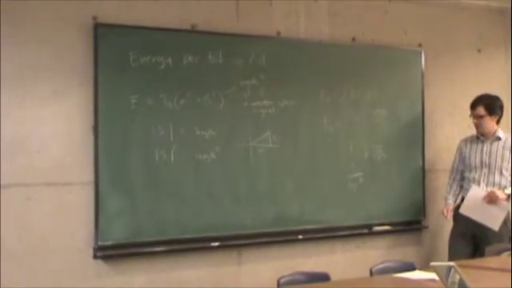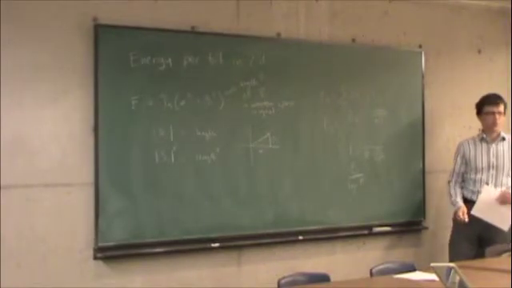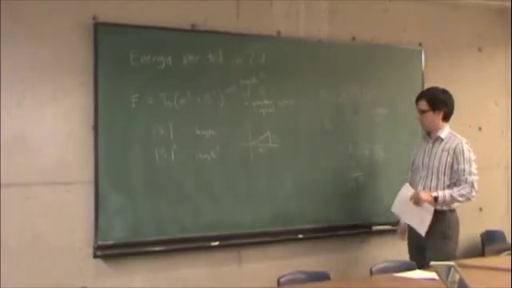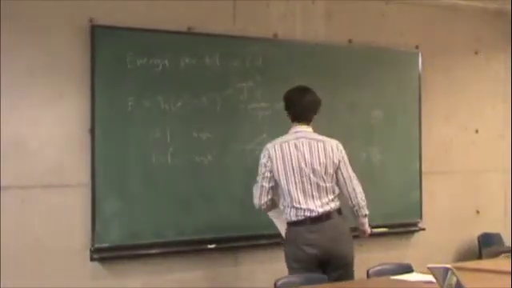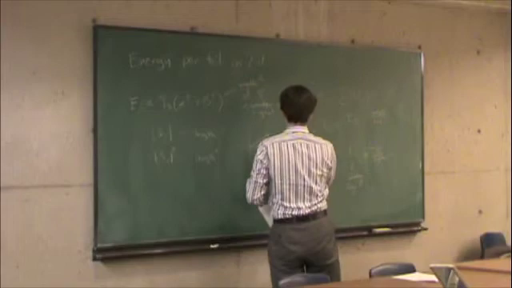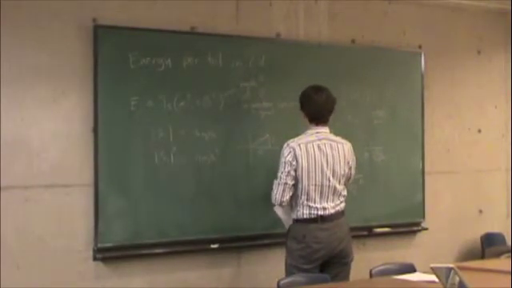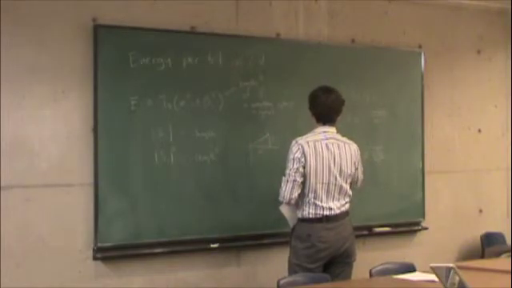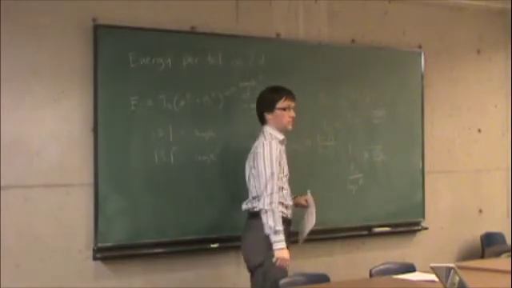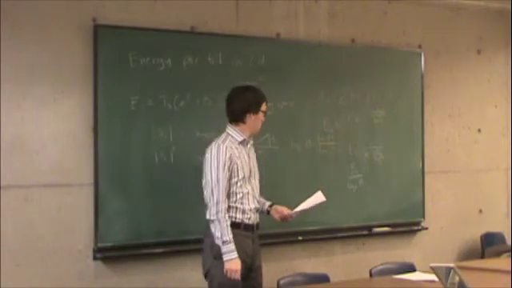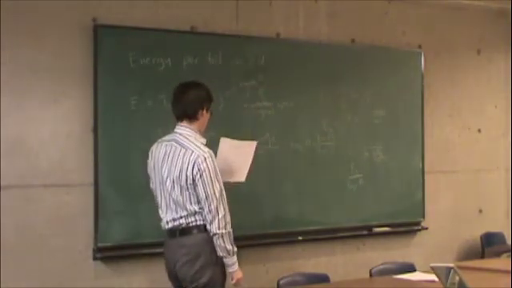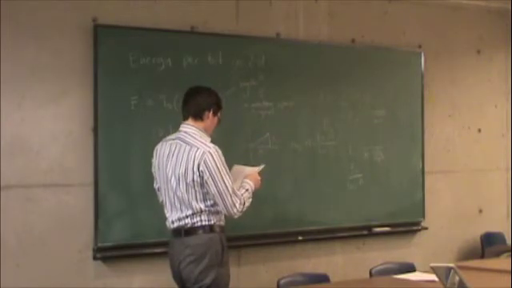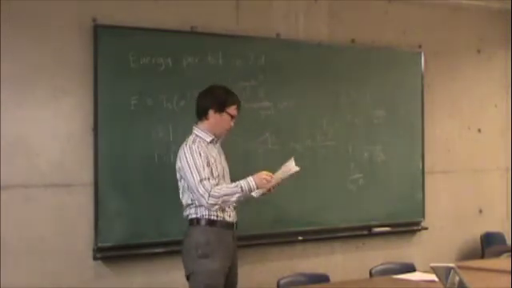Just as an aside, if you don't have log 2 on your calculator, do you know how to calculate it? If you have natural log or log base 10, it doesn't matter which, log 2 of M is the natural log of M divided by the natural log of 2.